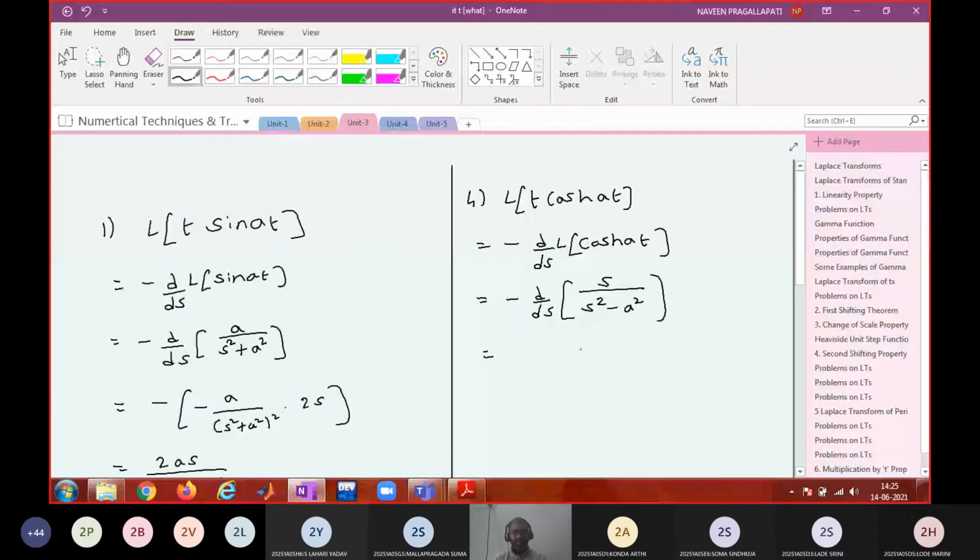So what is the simplification after finding the derivative? s square plus a square by s square minus a square whole square. Add this to your formulas list. So you have four formulas: Laplace of t sin at, Laplace of t sinh at, Laplace of t cos at, Laplace of t cosh at.